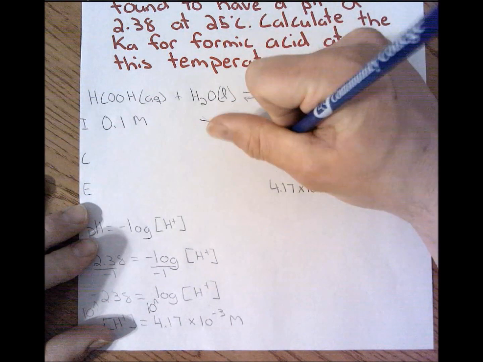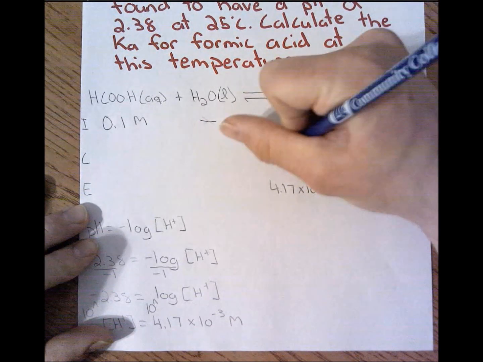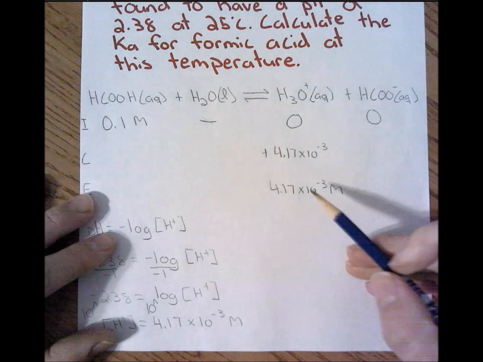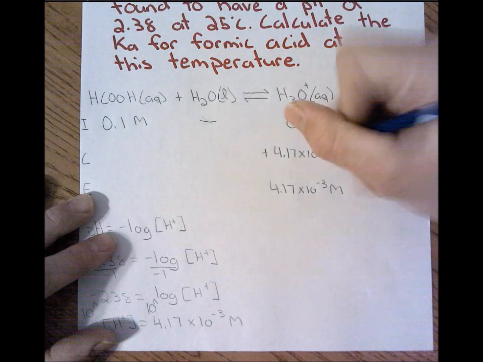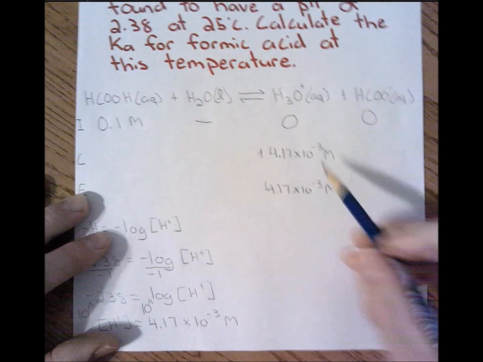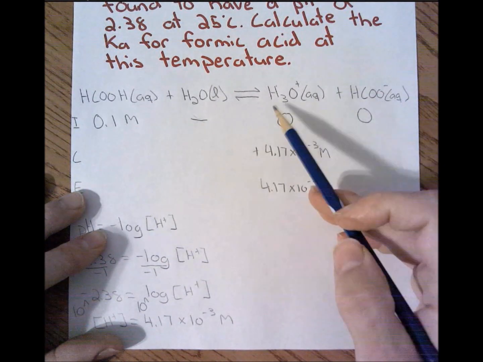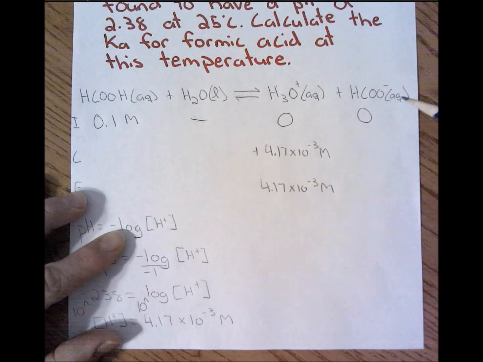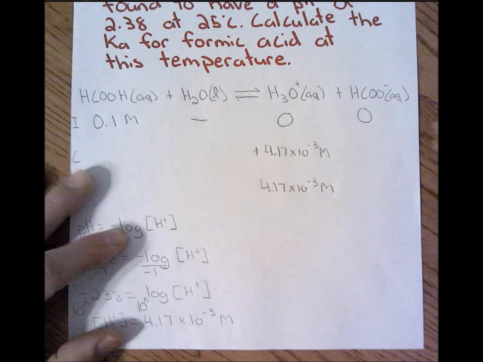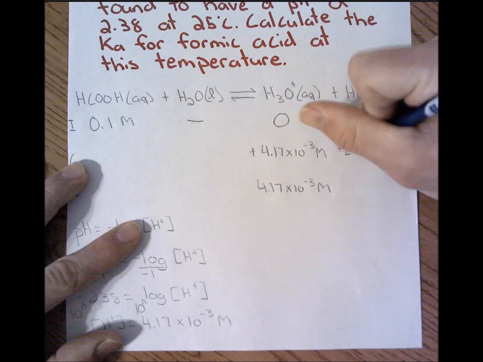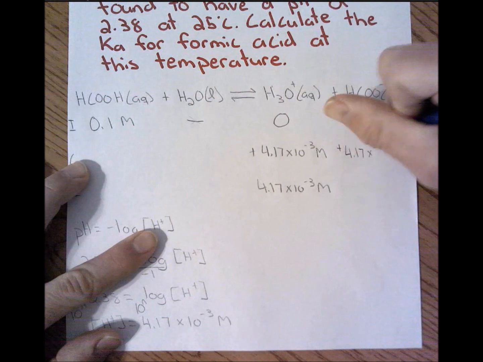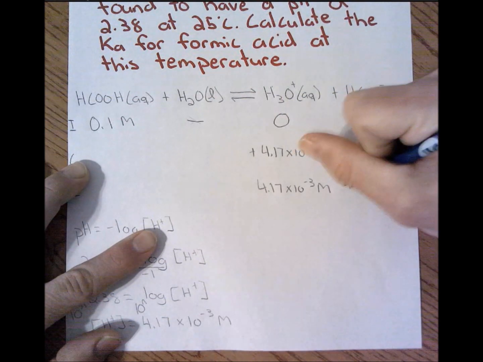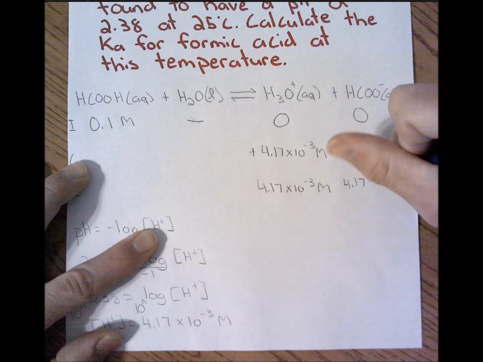Again, we do a little bit of stoichiometry here, and so this right here is a 1-to-1 ratio. So if we gained 4.17 times 10 to the -3rd, that also means for our formate ion, we gained 4.17 times 10 to the -3rd molar. And that gave us an equilibrium value of 4.17 times 10 to the -3rd molar. All right, so we have 2 of the 3 things we need to find our Ka.